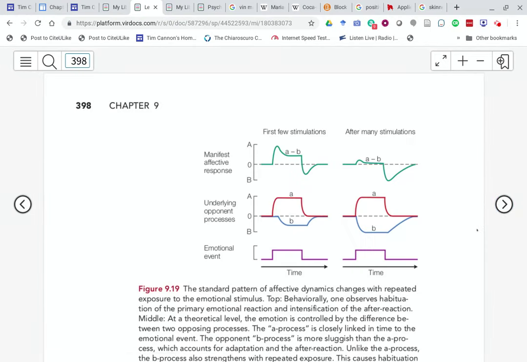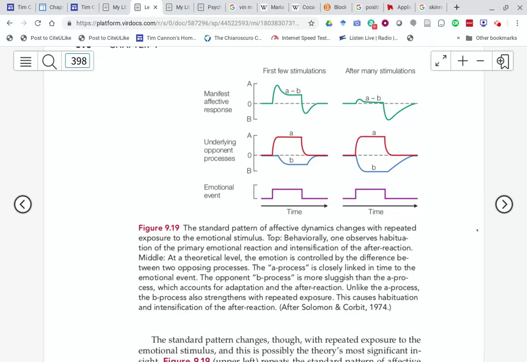So stay calm here. This is Solomon and Corbett again. When you're answering this in English, because I'm not going to ask you to draw it, you have to talk about A functions and B functions. What's going on in your head is simple addition and subtraction.